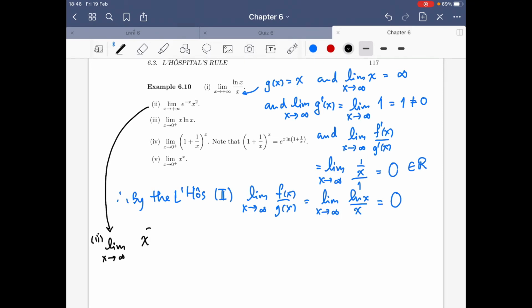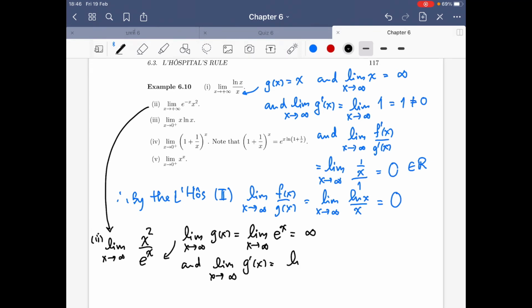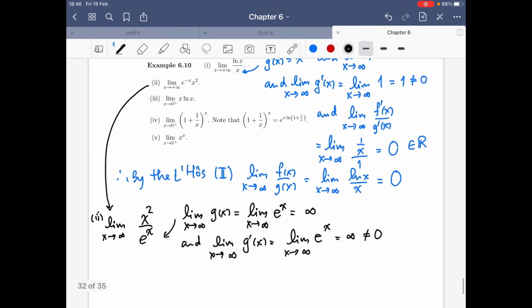For example, this one can be regarded as x squared over e to the x. Again, the limit as x goes to infinity of g(x), the limit of e to the x, is infinity. And the limit as x goes to infinity of g', the limit of e to the x again, is infinity, so of course it is not equal to 0 as x goes to infinity.